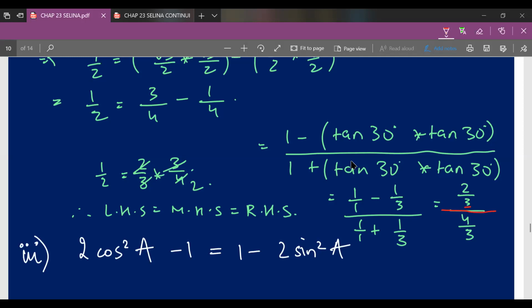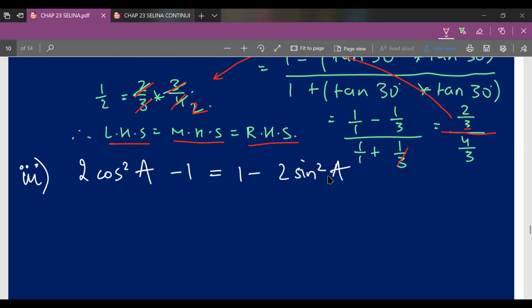So 2 upon 3 will be calculated as 2 upon 3 into 3 upon 4. So 3 gets cut, 2 and 4 get cut, and the answer will be 1 upon 2. So LHS was 1 upon 2, MHS was 1 upon 2, and RHS was 1 upon 2. So therefore we have proved that all the three sides are equal to each other.